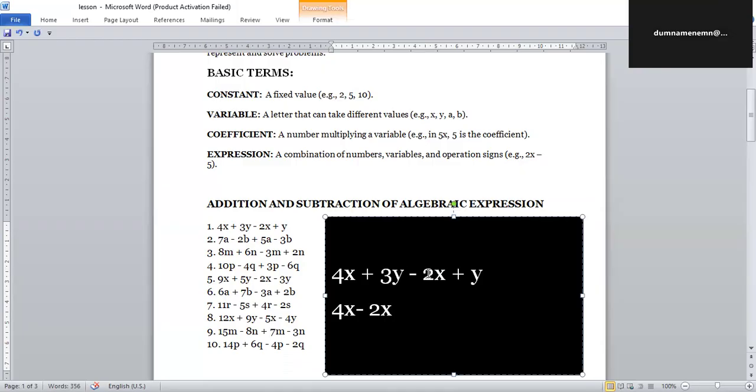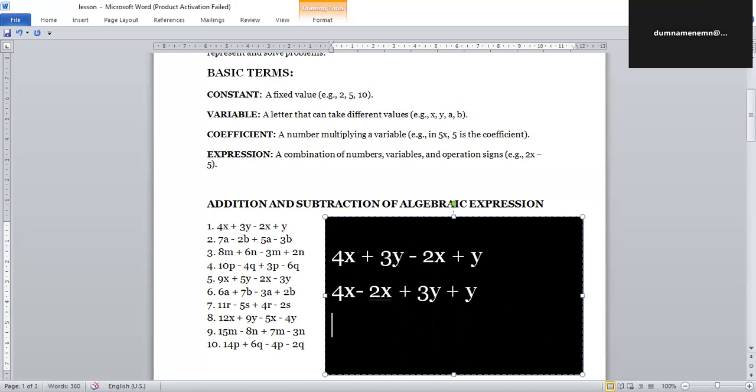This negative sign belongs to 2x. So I'm going to have 4x minus 2x. Then 3y, then plus y. So I have successfully collected the terms that are similar, like terms.